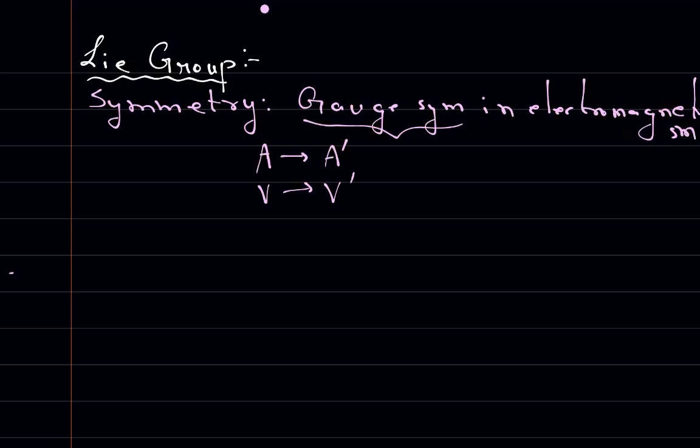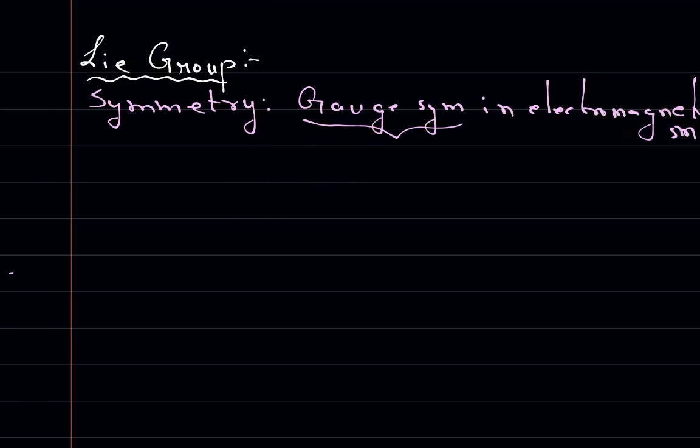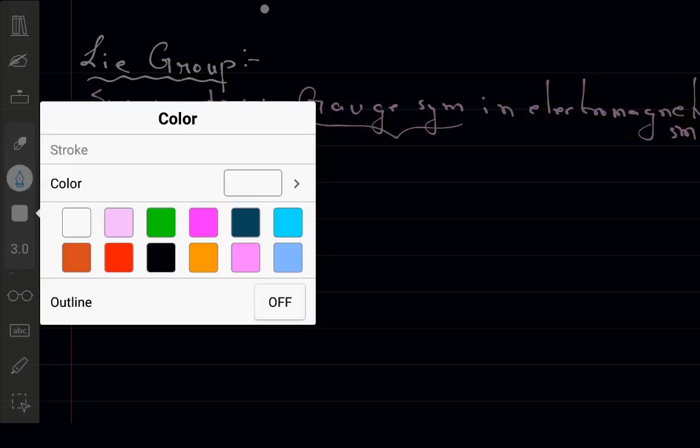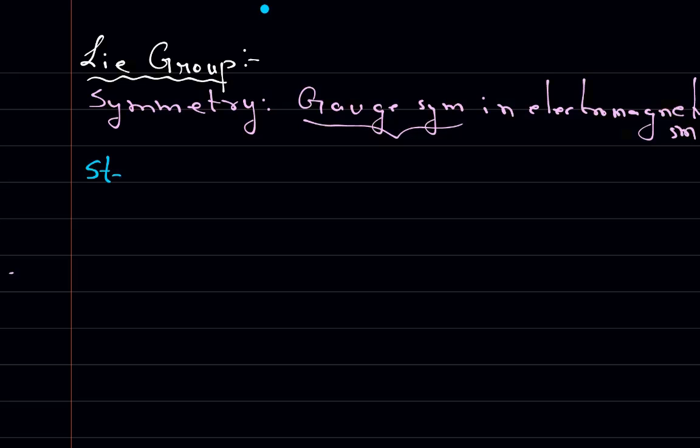Next, what we want to understand here is, so we have this gauge symmetry, all right, but we know that we have some other theories. For example, our world, as of now, we know that our world has strong interaction or strong forces.